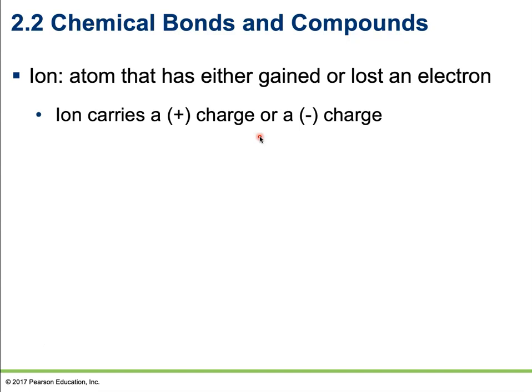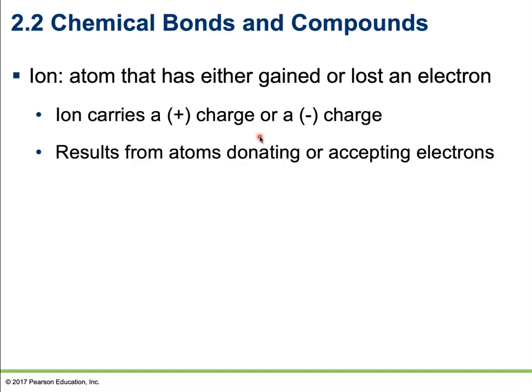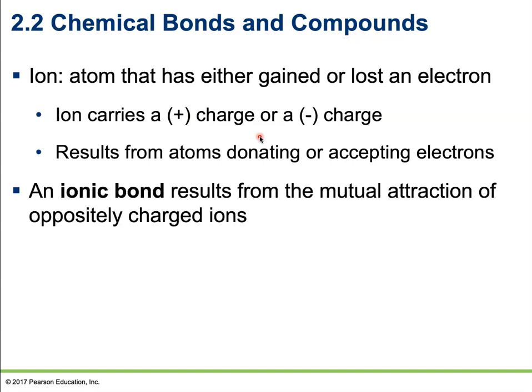But ions can go both ways. Ions can carry either a positive charge or a negative charge. If they lose an electron, they become positive. If they gain an electron, they become more negative. And this change, this loss or gain of electrons, can be caused by atoms donating or accepting electrons. A great example of this is going to be sodium chloride.